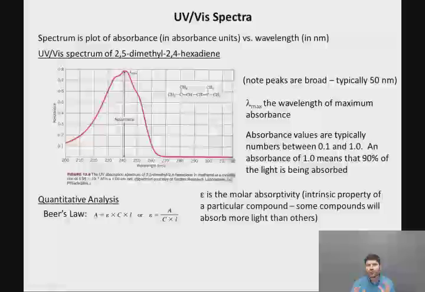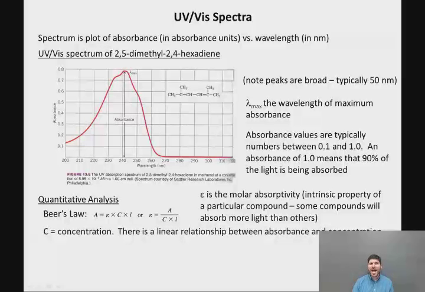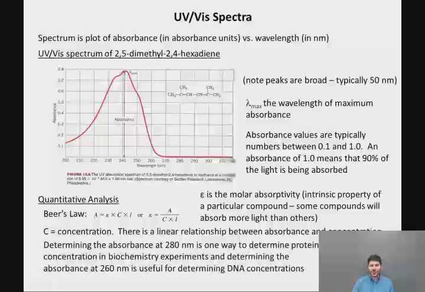That is an intrinsic property of a particular compound. Some compounds will absorb more light than others will. But C is the concentration of the compound in solution, so there's a linear relationship between absorbance and concentration.